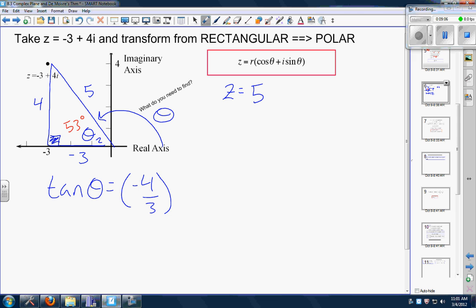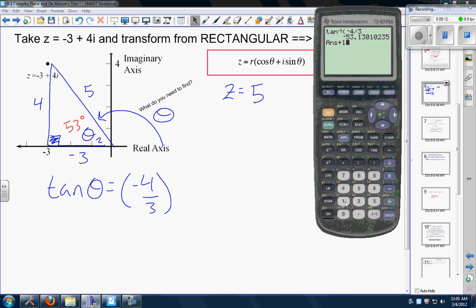We care about this big guy that tilted us over to there, so if I add 180 to it, 126. That's the same thing as taking 180 and subtracting 53 degrees from it. However you want to get there.